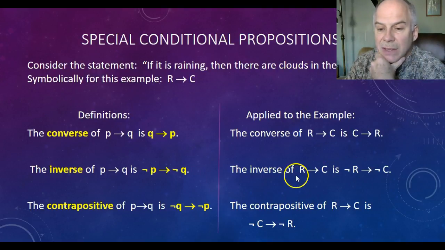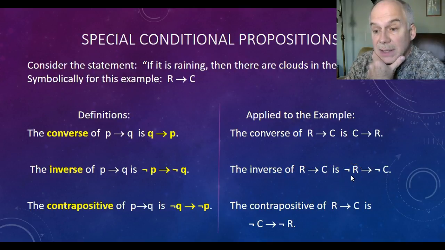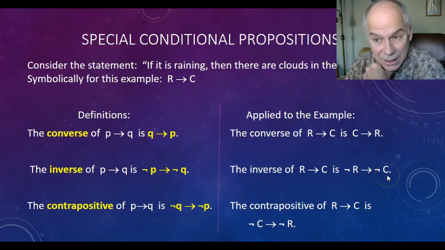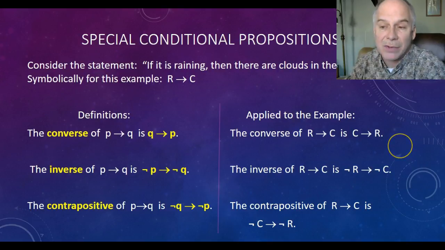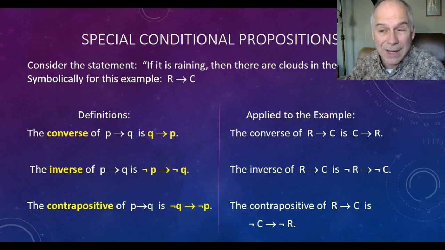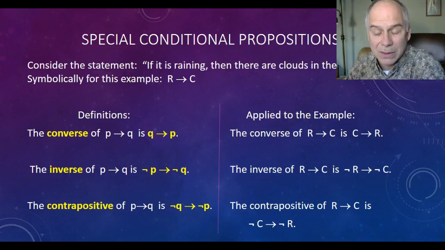In the case of the inverse of if it's raining, then there are clouds in the sky, it's if it's not raining, then there are not clouds in the sky, which, if you think about it, that's not true, is it? And the same thing with the converse. So the converse and the inverse are not necessarily true if the original statement is true.